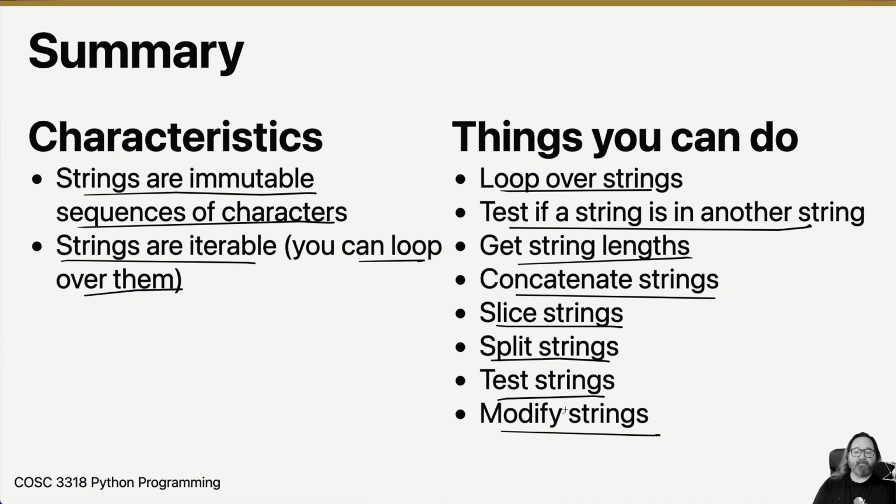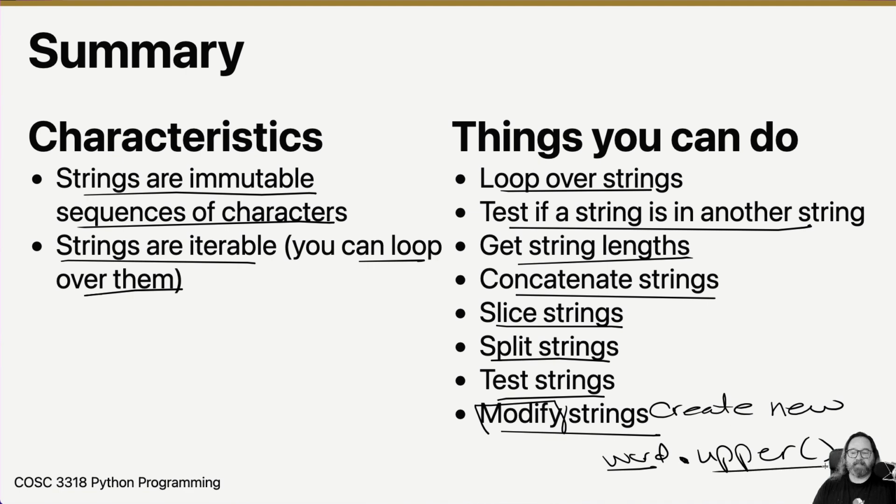And when I say modify, that actually means you can create new strings. You can create new strings from old strings with things like dot upper. If word has a string in it and I call word dot upper, that's going to return a new value that has that string with all uppercase letters in it. That's strings and text processing.